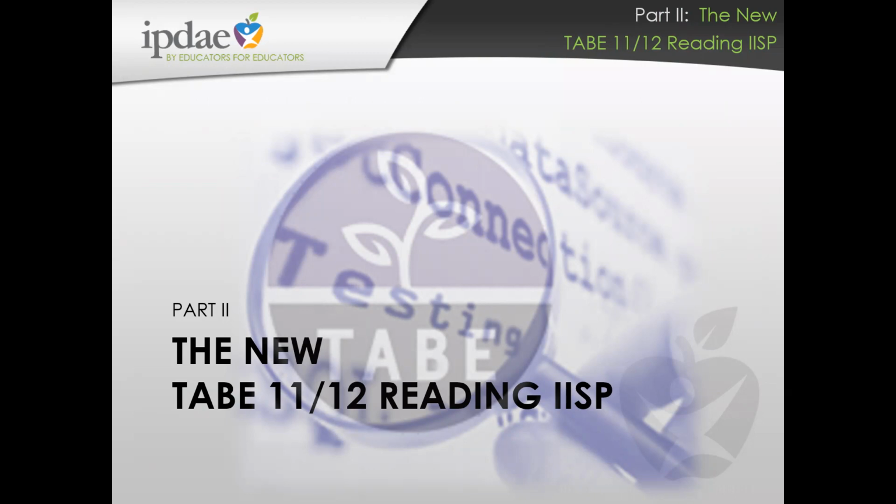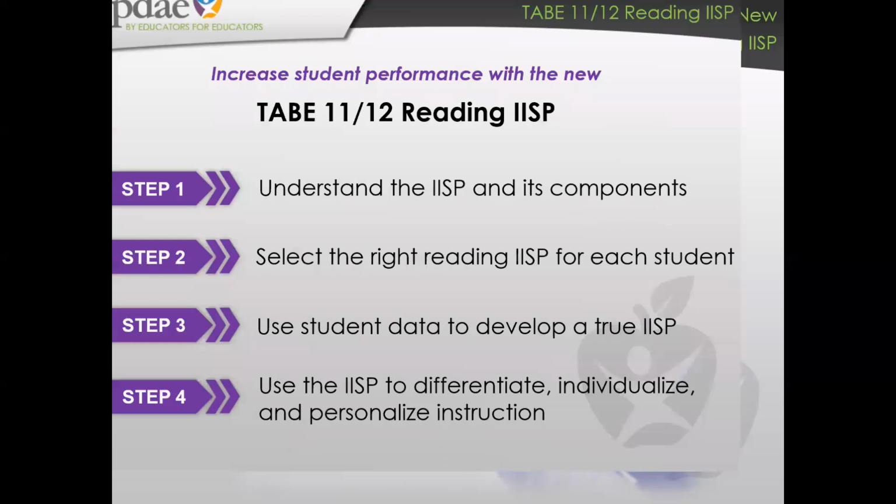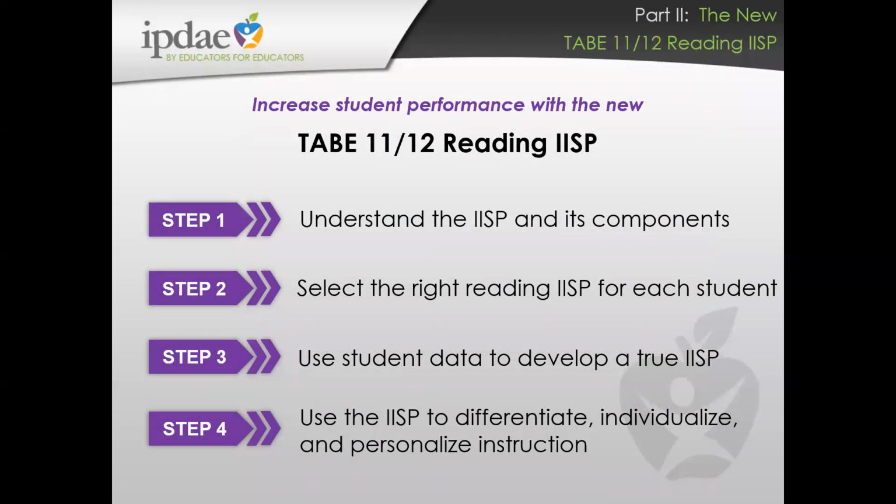And we're finally at that point in the training where we're ready to unveil the tool that is going to close the performance gap in your ABE reading classrooms. Now, just keep in mind that as we unveil the tool, I'm going to address 4 basic steps.